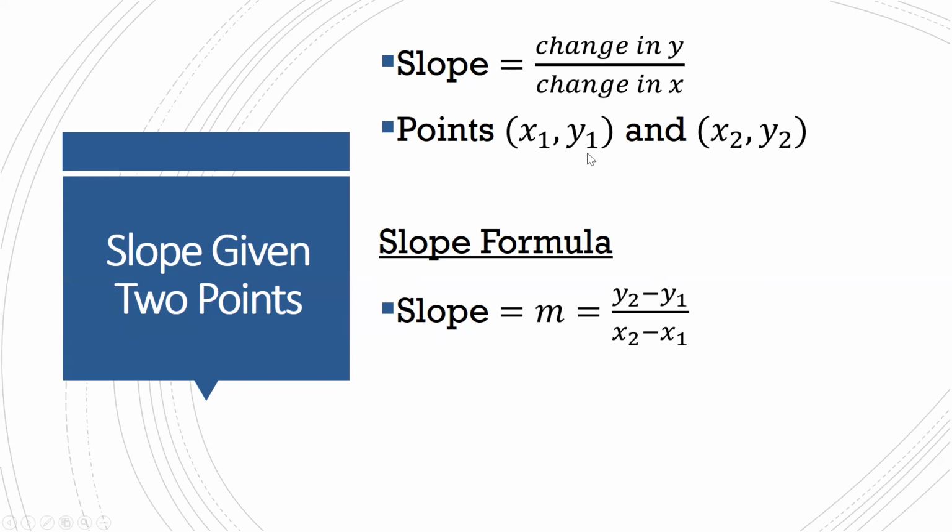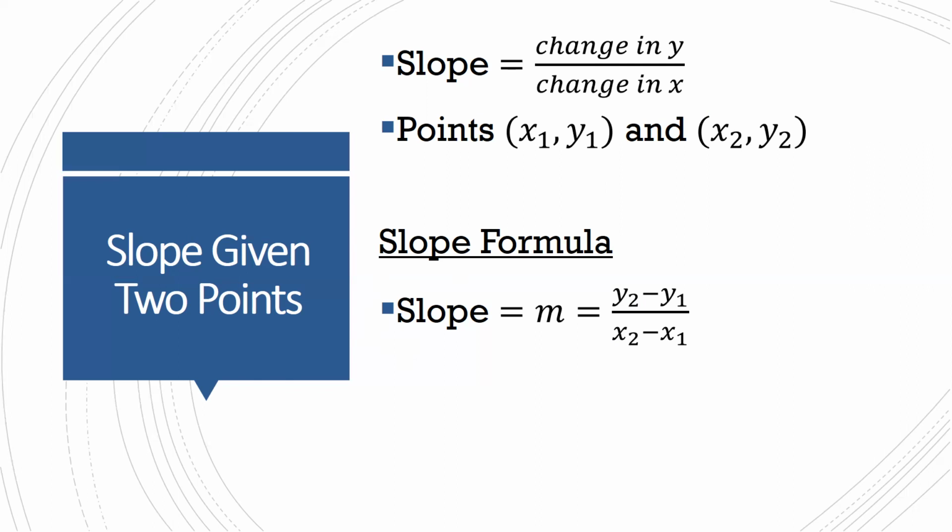These little numbers here, if you haven't seen these before, are subscripts, and it just means the x value of the first point, the y value of the first point, the x value of the second point, and the y value of the second point. So change in y is simply the difference between the y values, y2 minus y1. And similarly, the change in x is the difference in the x values, x2 minus x1.